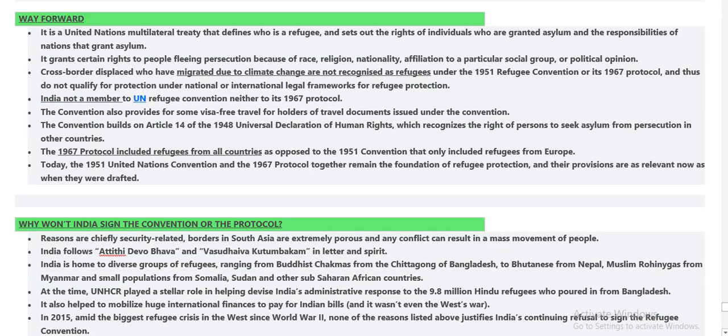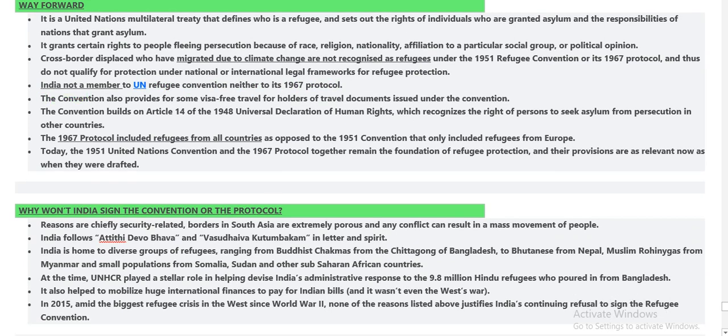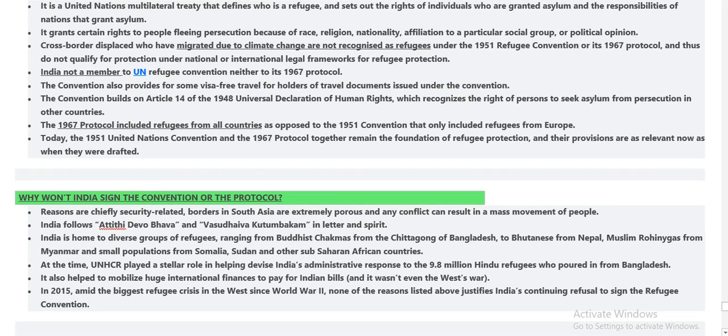Cross-border displaced who have migrated due to climate change are not recognized as refugees under the 1951 Refugee Convention or its 1967 Protocol, and thus do not qualify for protection under national or international legal frameworks for refugee protection. India not a member to UN Refugee Convention, neither to its 1967 Protocol.